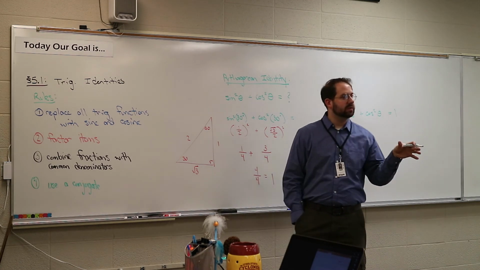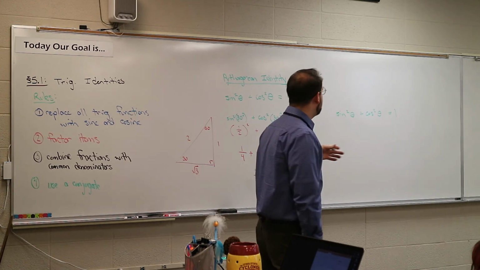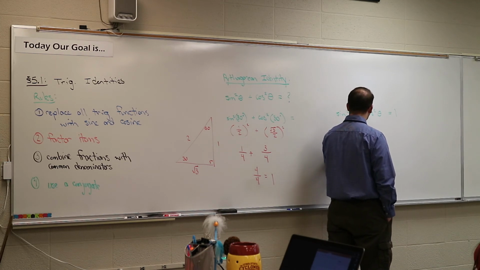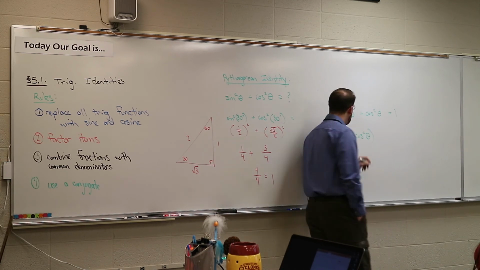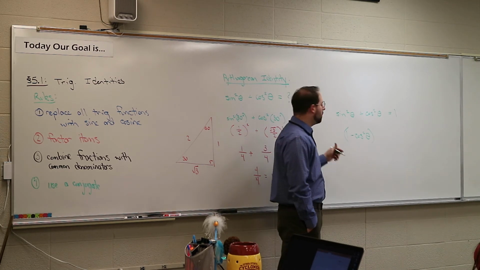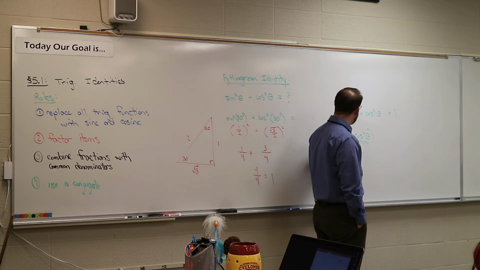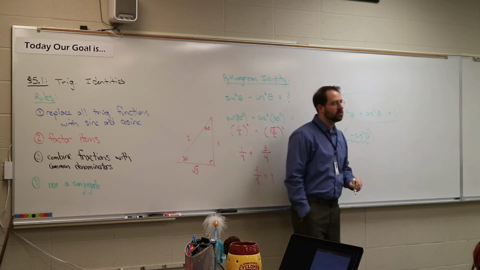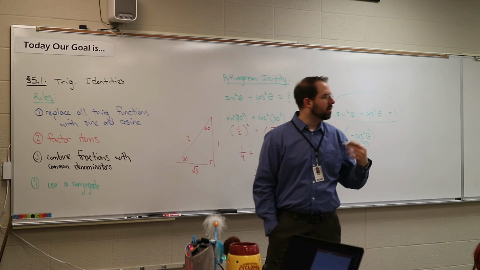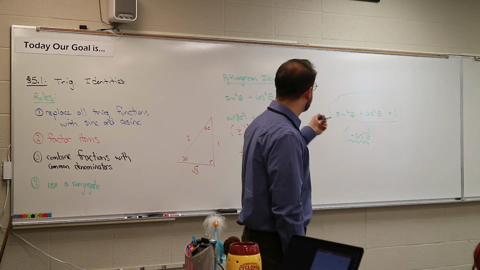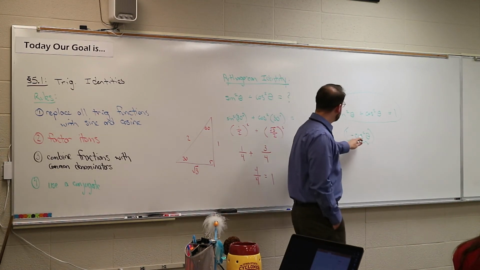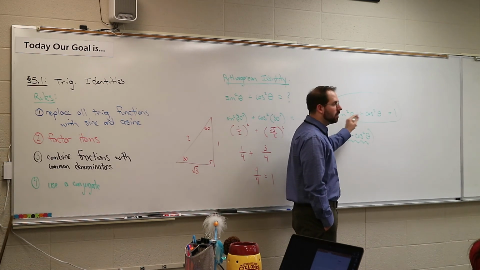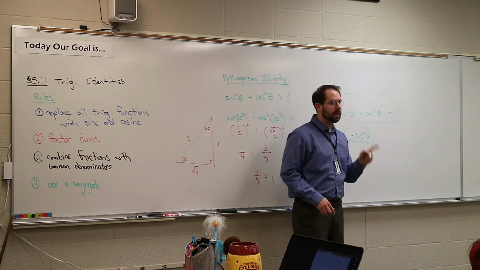So in the middle of a problem, if there was some complicated thing like this, you can replace it with something from this formula to make it easier to look at. This is where factoring comes in, because this is a difference of squares, but I can also substitute Pythagorean identities in there. That's something we're going to look at tomorrow.